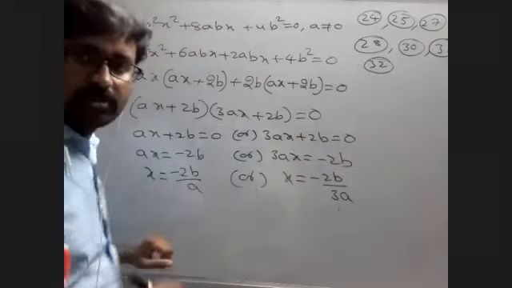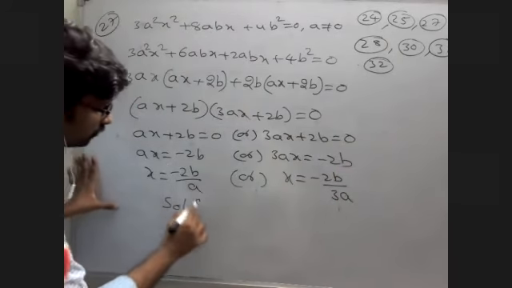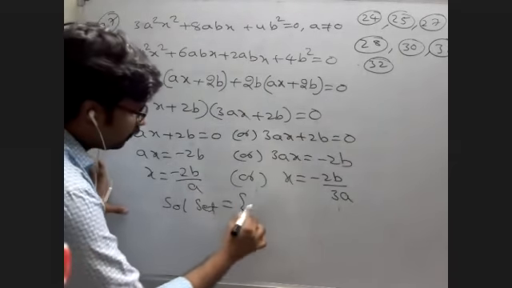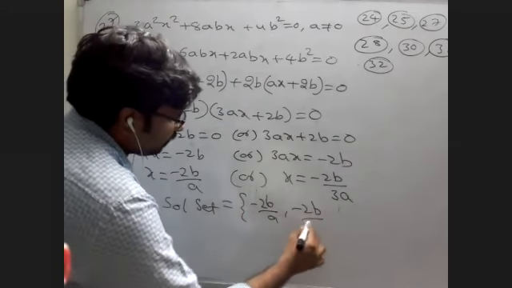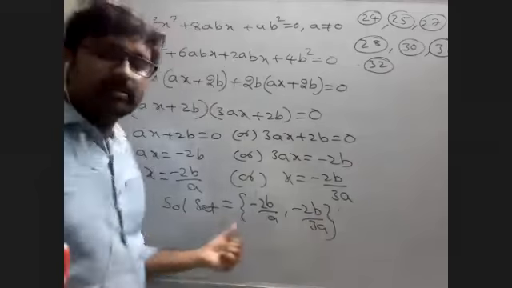So these are the solutions, and the solution set is equal to minus 2b by a comma minus 2b by 3a. So this is the solution set.